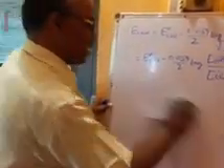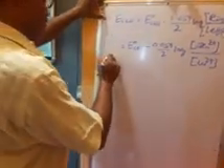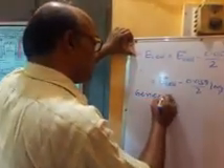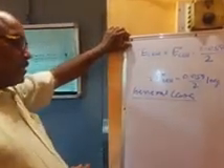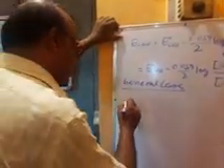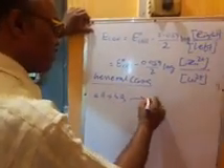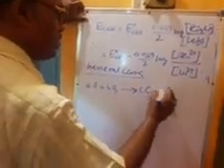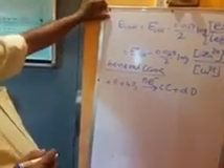Now let us consider a cell having a general reaction. In the general case, let us consider a cell for which the following cell reaction takes place: a moles of A plus b moles of B gives c moles of C plus d moles of D by the transfer of n electrons.